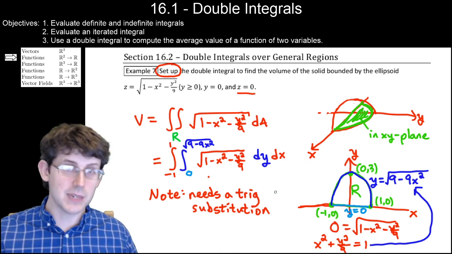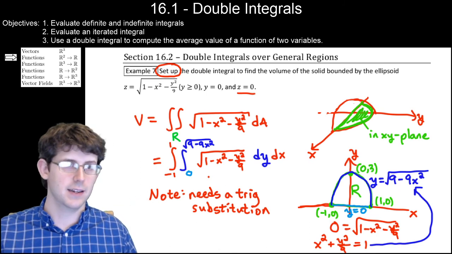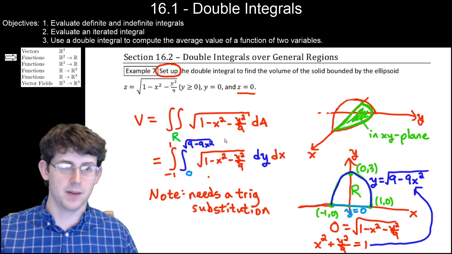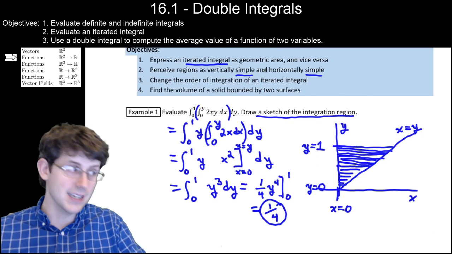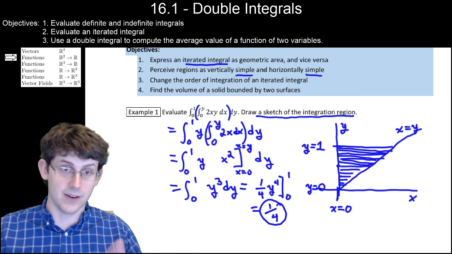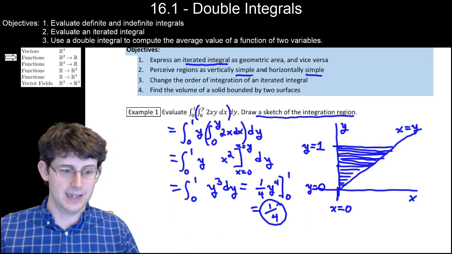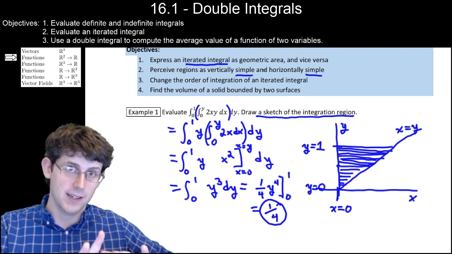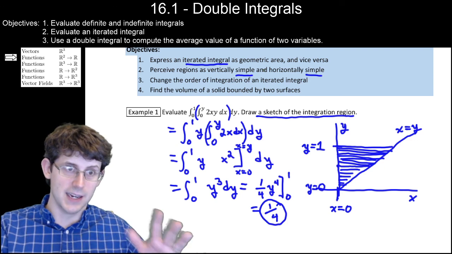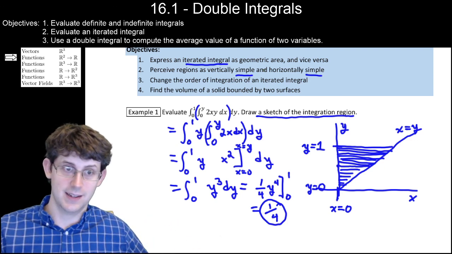But let's just quickly recap what the main idea was here. So back at the very beginning, what were the objectives? The objectives were, we were trying to figure out how area was related to double integrals, these iterated integrals. And the point is that if you get all the info of a region up into the bounds of the integral, then you've done it, and your integral finds area.